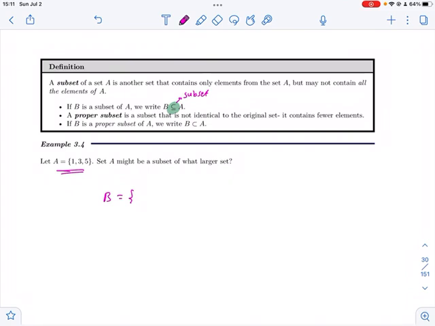So A is a subset of B. We either write it this way or we put the equal sign. That does not change anything. So we can put the equal sign, or we can write A subset of B, and that's it. So this is smaller, this is larger usually. Okay, that was section 3.1.